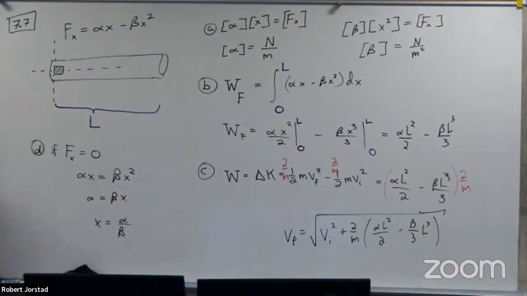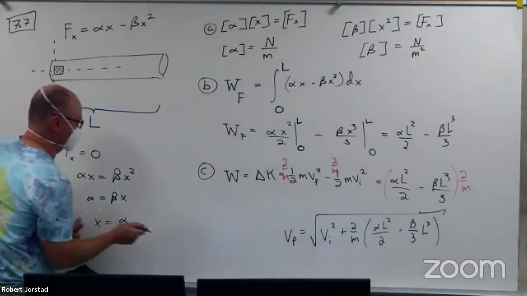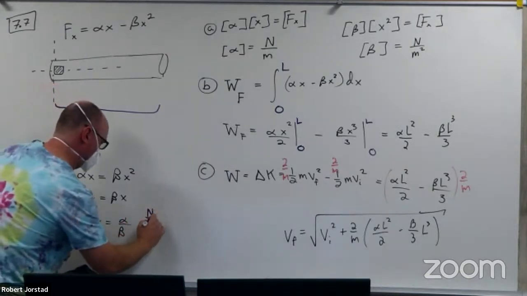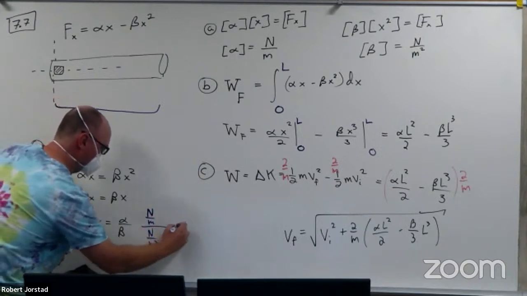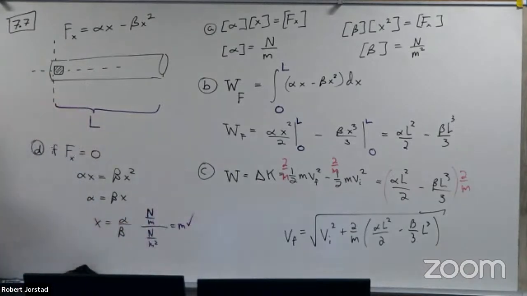How can I check this answer? Let's check the units. Oh man, I wish I knew the units of alpha and beta. Pretty handy to have that. It's meters. This gives you an optimum barrel length.